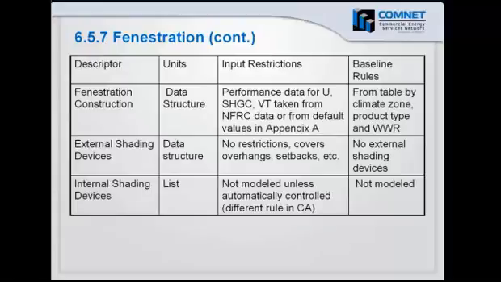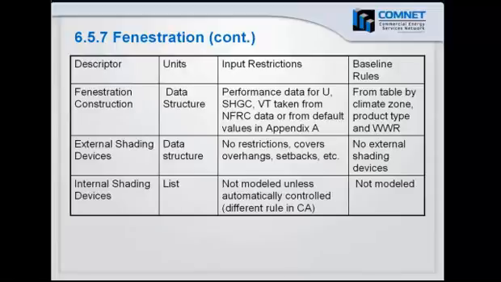Two more things. We have external shading devices and internal shading devices. External shading devices here means things such as overhangs, setbacks by the windows, or self-shading from the building. So if the building itself is providing some kind of shading of some of the fenestration due to its geometry.